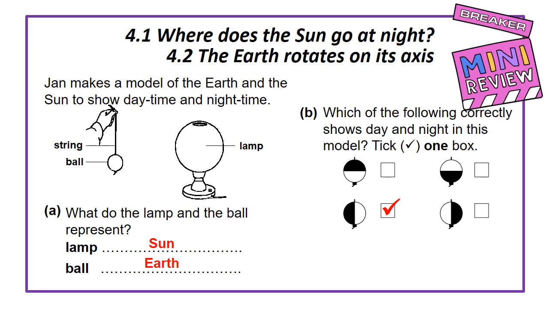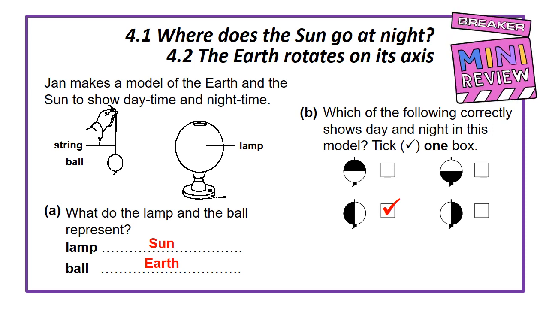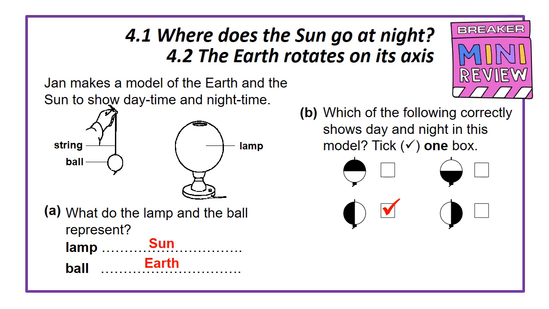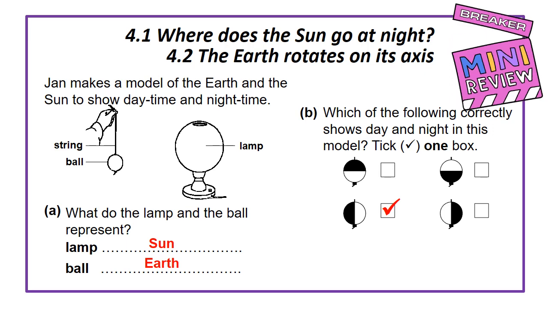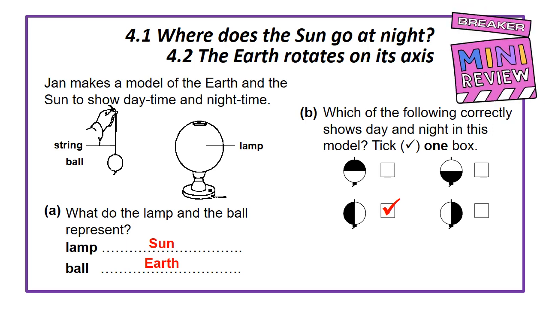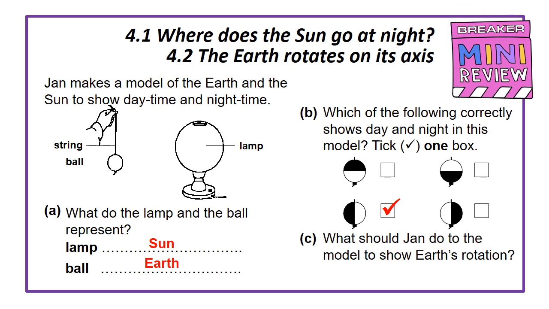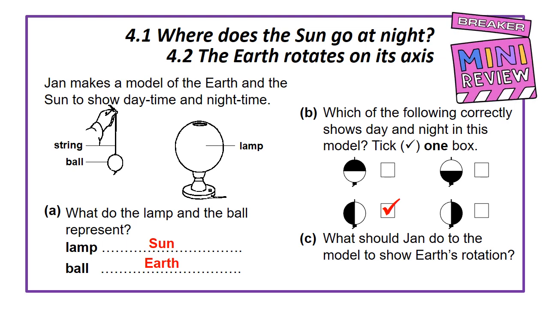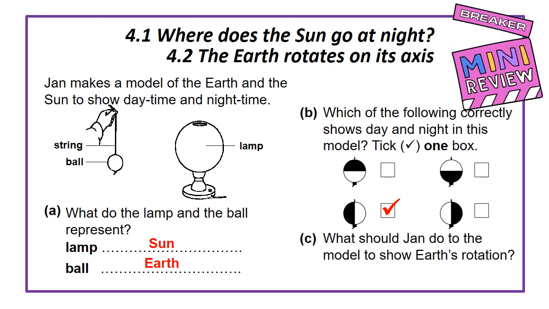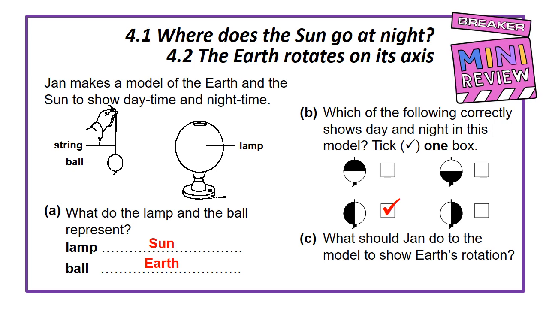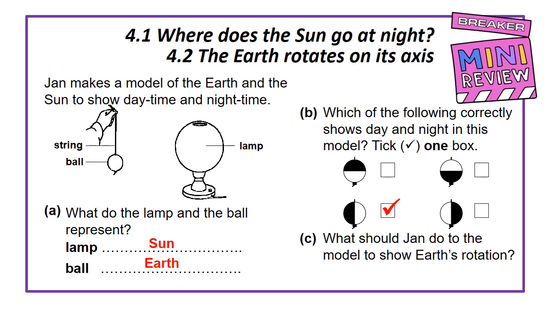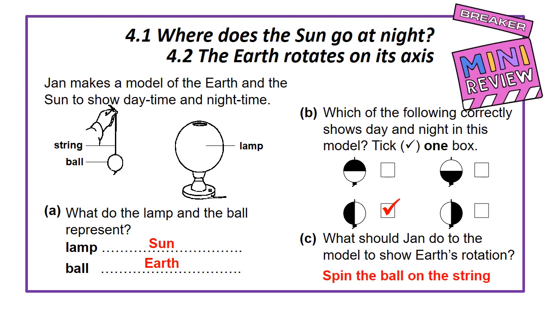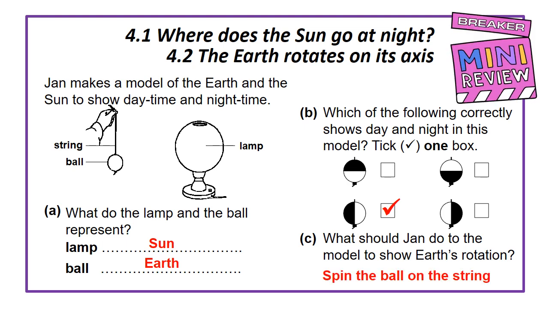Because the lamp is on the right of the ball. So that means the left side of the ball is having nighttime. Question C. What should Jan do to the model to show Earth's rotation? She has to spin the ball on the string.